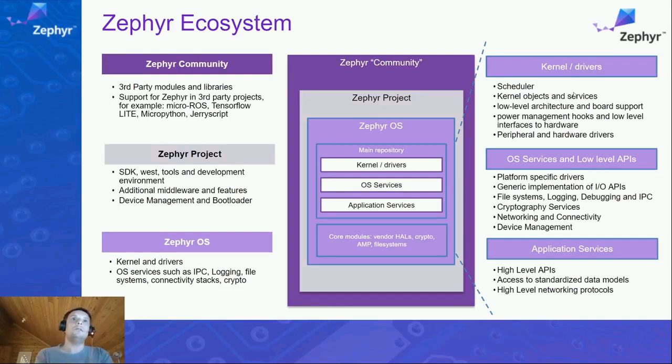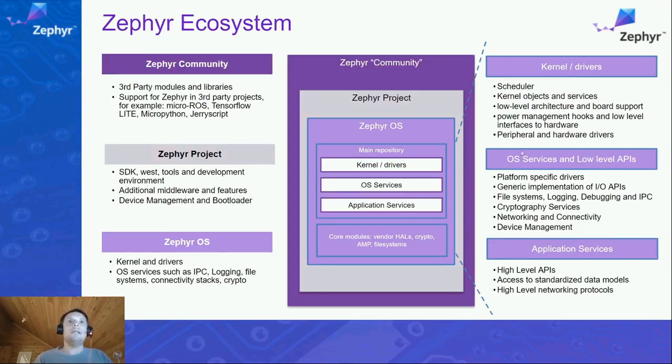The architecture code is the one that allows Zephyr to run on different ISAs, or instruction sets. And then the boards are usually defined in terms of metadata and then some board-specific code. There's also power management hooks in the kernel and in the drivers, and of course, very low-level interfaces to hardware, sometimes direct, sometimes indirect through peripheral and hardware drivers.